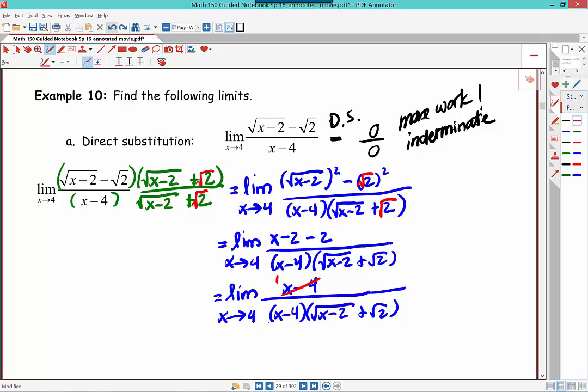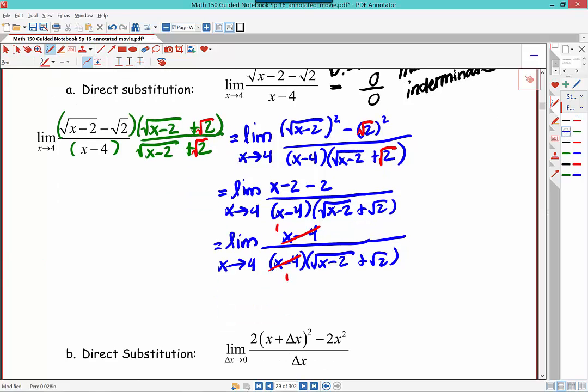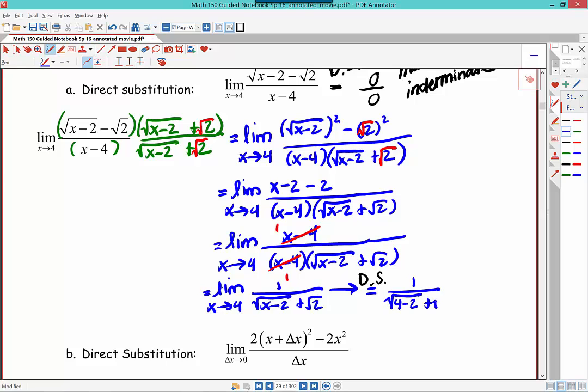And we'll be left with the limit as x approaches 4 of 1 over root x minus 2 plus root 2. Using direct substitution, we will have 1 over root 4 minus 2 plus root 2, which gives us 1 over 2 root 2's. You see that? And you're done.